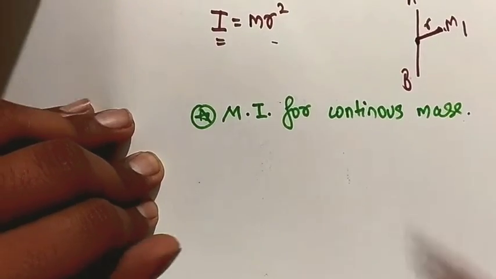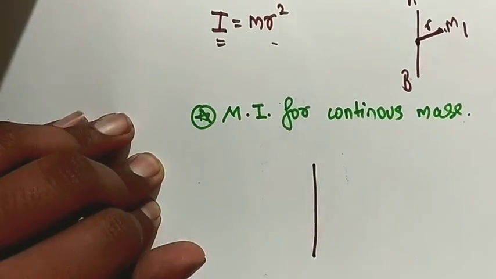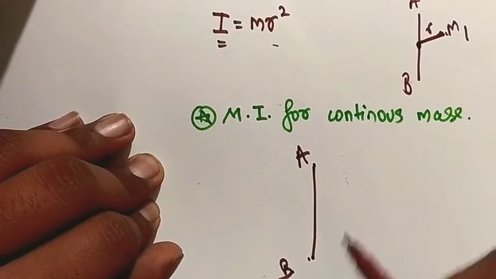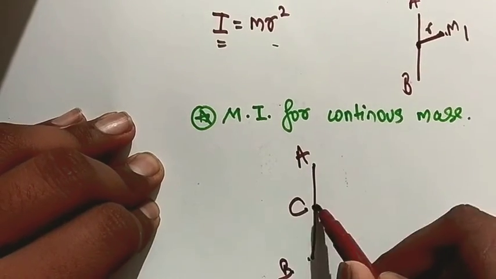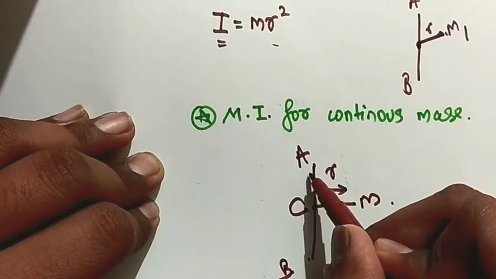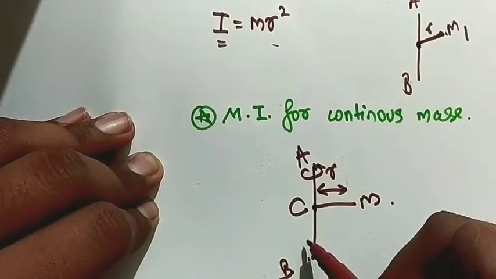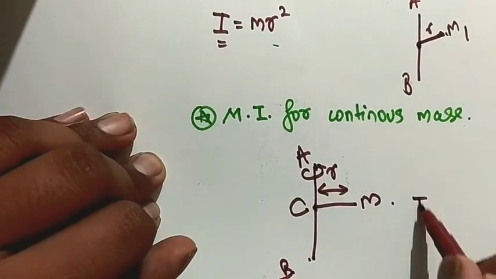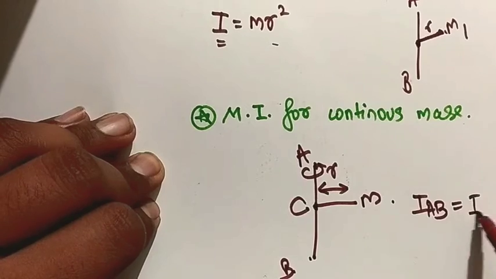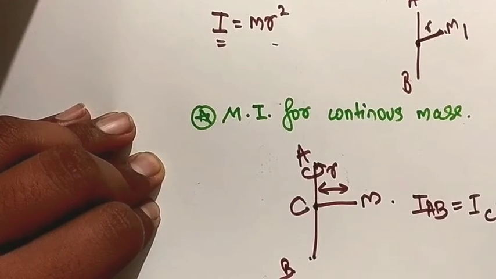So let's take this as an axis of rotation again. This is point A, this is point B, this is point C, this is a mass, and this is the distance between the mass and the axis of rotation. This is the axis of rotation, and we know that I_AB or I_C is equal to mr square.